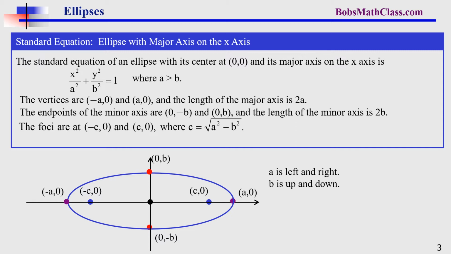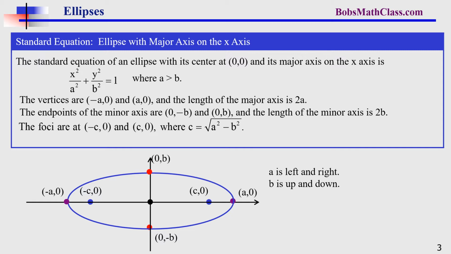All right, so here's our standard equation. The ellipse has its center at the origin, 0, 0, and its major axis is on the x-axis: x squared over a squared plus y squared over b squared equals 1, where a is greater than b. That's what's important, that a is larger than b. Because a is larger than b, its major axis is on the x-axis.